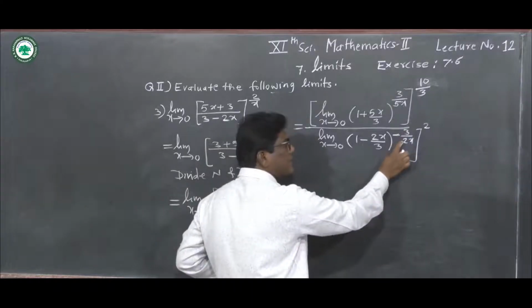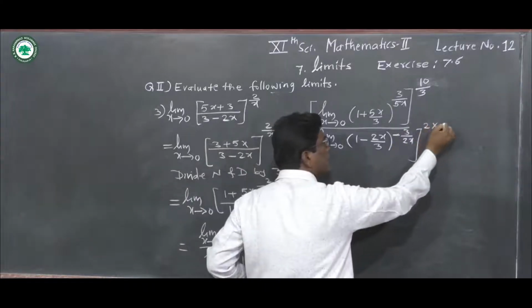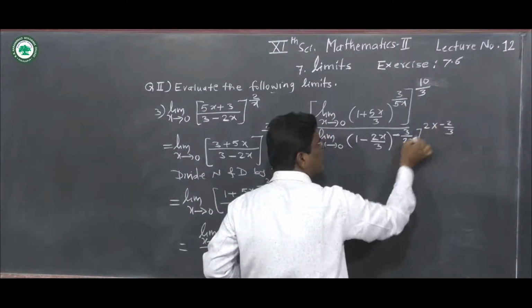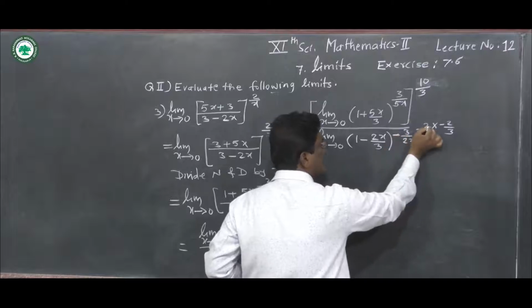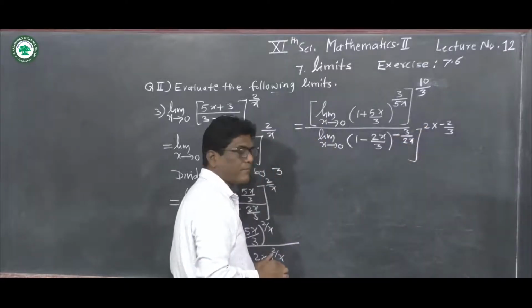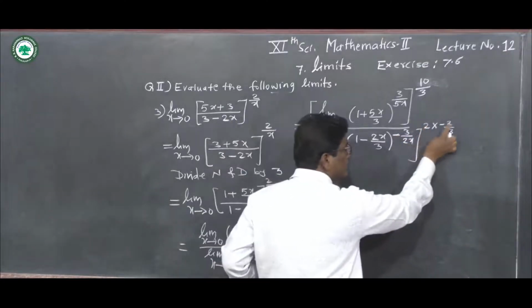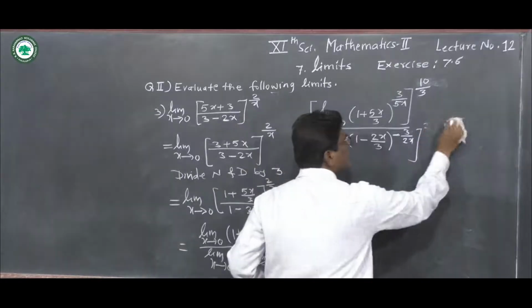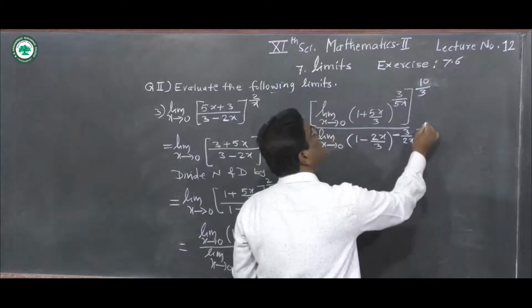We have to cancel this minus 3 by 2 by taking minus 2 by 3, so that the 3 and 3 get cancelled, the 2s get cancelled, the minus gets cancelled, and 2 upon x remains. That means we adjust 2 times 2 is 4, so we adjust minus 4 upon 3 here.